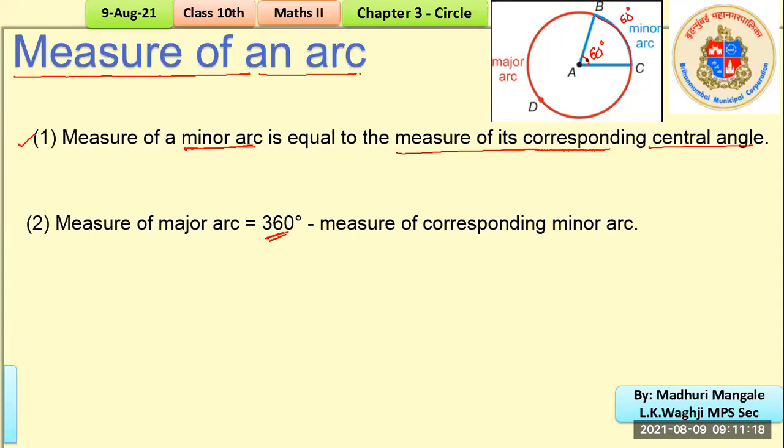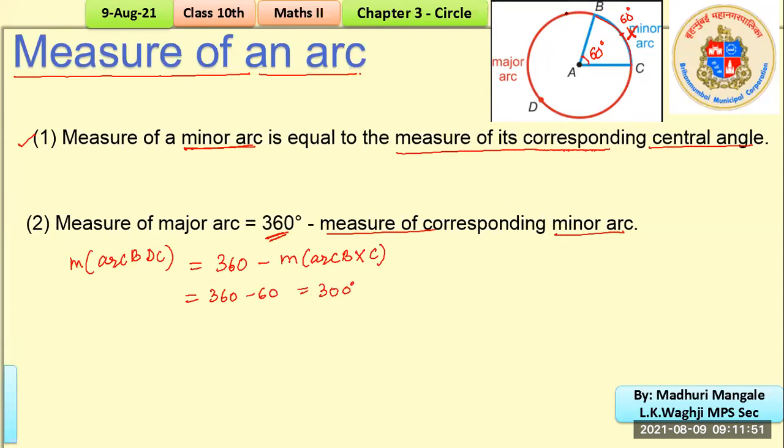So in this case, if I want to find the measure of arc BDC, the red one, that will be equal to 360 minus the measure of the minor arc. Which is the minor arc in this case? It is arc BC. We need 3 points, so let me write an X over here. So it will be arc BXC, and that will be 360 minus 60 degrees. So here the measure of this major arc is 300 degrees.